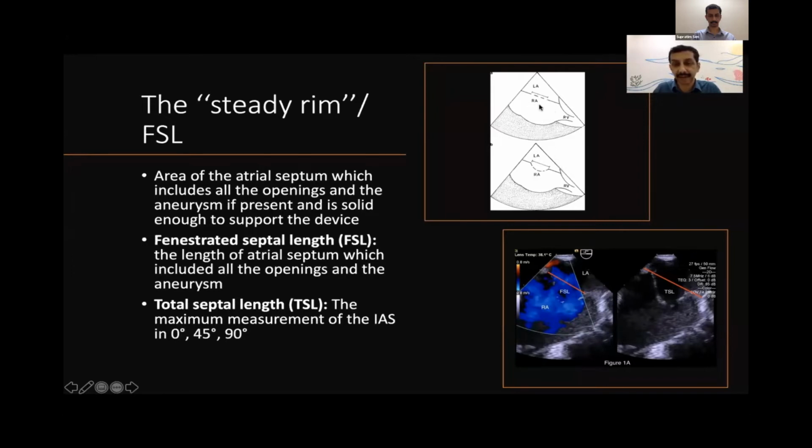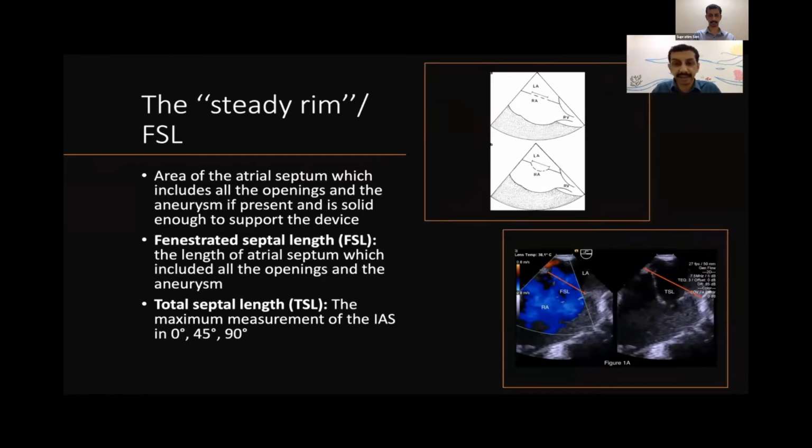So if you see this schematic diagram, that is the steady rim there, and that is the steady rim in this diagram. And we describe similarly the fenestrated septal length, which needs to include all the fenestrations and the atrial septal aneurysm. And of course, in addition to this, we also need the measurement of the total septal length, which is the maximum measurement of the interatrial septum.